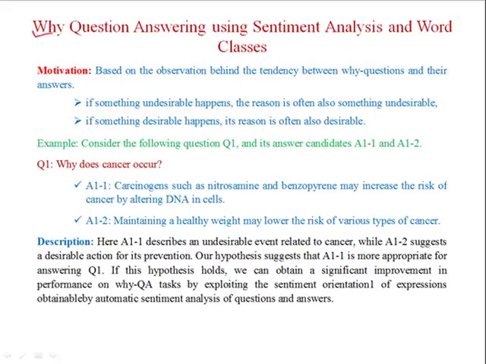Now I will discuss one paper in this area. The basic motivation behind this paper is based on the observation that in most cases the tendency between why questions and their answers is like this: if something undesirable happens, the reason is often also something undesirable.